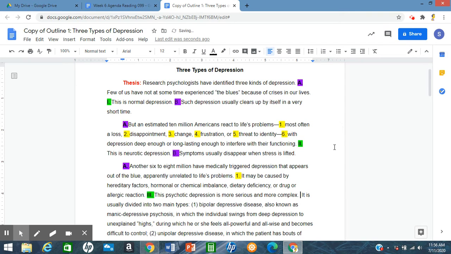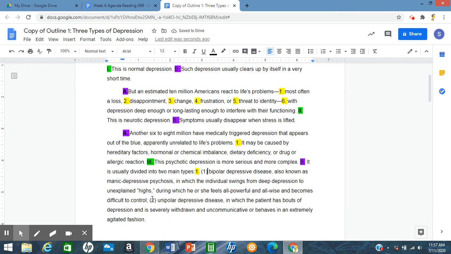So since this is another detail here, it'd be B. It is usually divided into two main types, and then you see the colon here. So this would be another set of minor details. So B. And they kind of give you a hint here, 1 and 2. So 1. And then 2. Okay, I'll give you a hint here because they're two separate ideas.